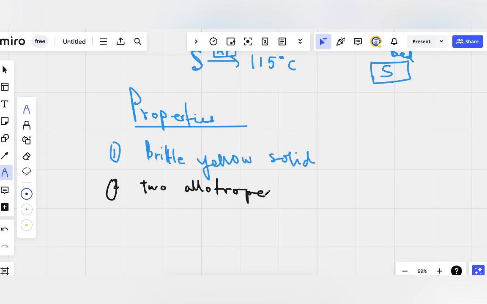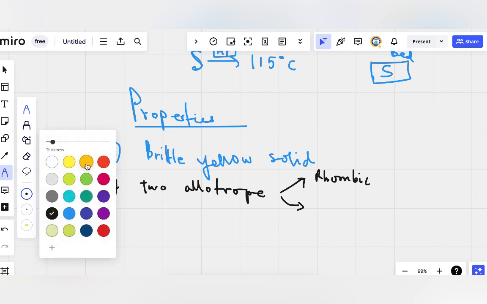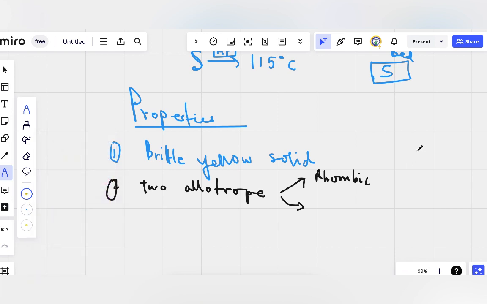What are the names? It exists as rhombic sulfur, and it also exists as monoclinic sulfur. So these are the allotropes. Rhombic, like the spelling of rhombus. The shape would be a solid that looks like a rhombus, in a complete yellow color, because sulfur is yellow. The shape would be something like this.